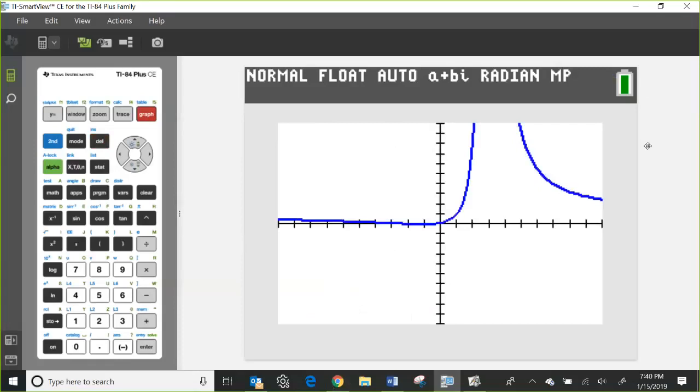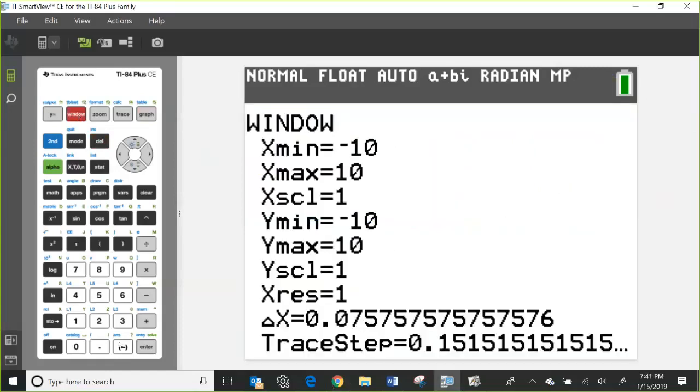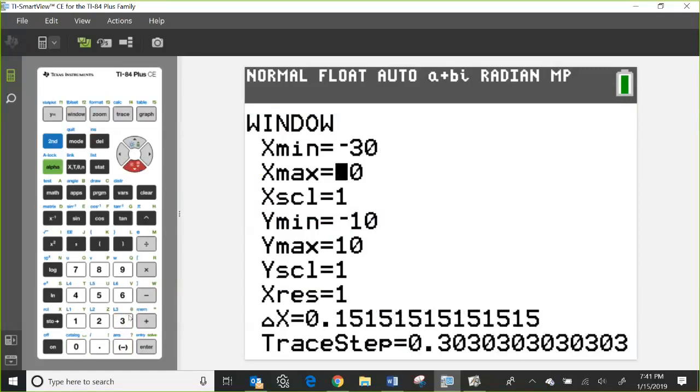Now, as I tell my students, the world is not 10 by 10, so sometimes a better window helps out. If I'm going towards infinity, I definitely want the window to be a little bit bigger on the x's. So I'll press window up here, and I'll put in a negative 30, and go down and put 30.